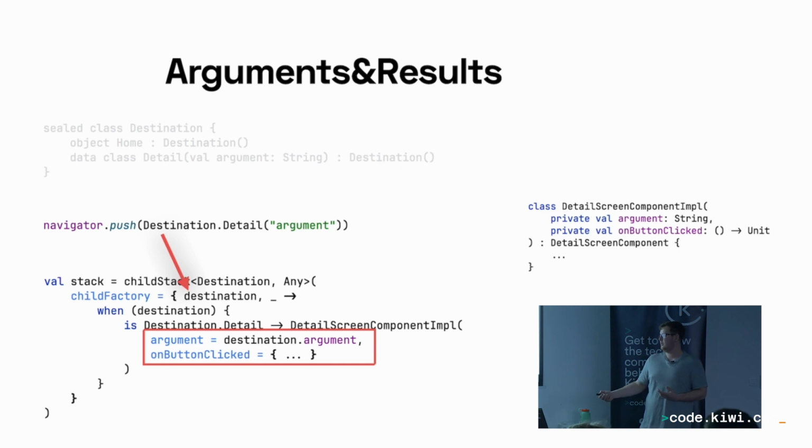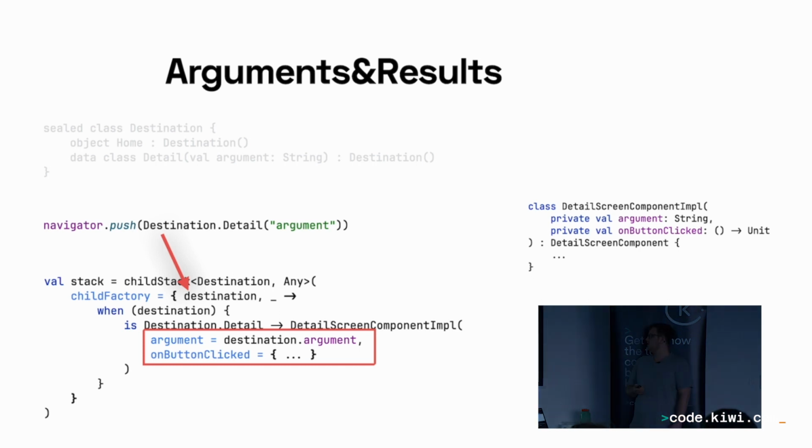This destination class gets passed as an argument, and you can pull that information out of it and use it in the component constructor. So it's really easy and intuitive.